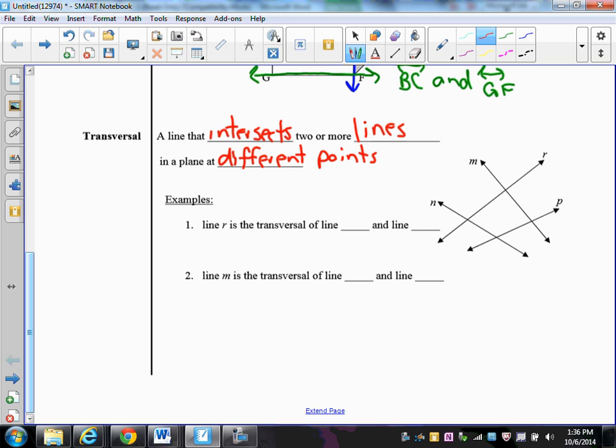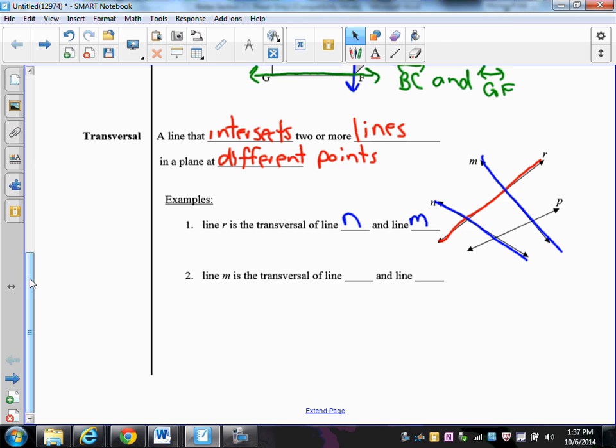So we're going to use this picture to the right to help us see what a transversal is. It says line R is the transversal. So here's line R in red. What two lines did line R go through? Well, it went through line N and line M. So that's what we mean whenever we say it intersects lines at different points.